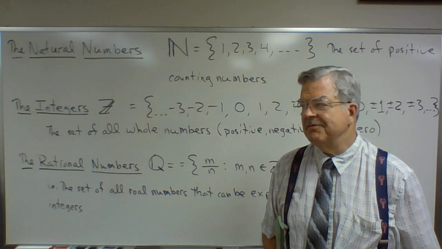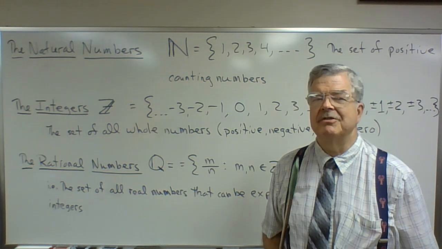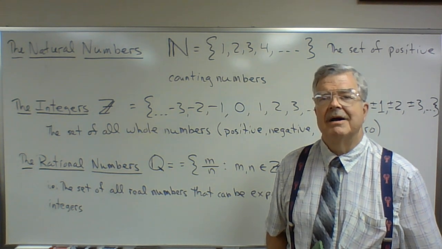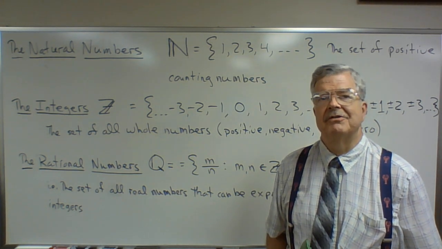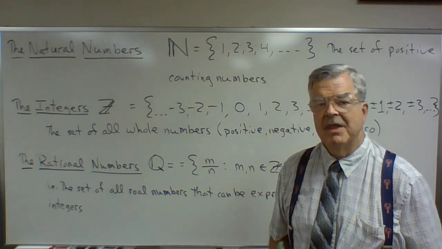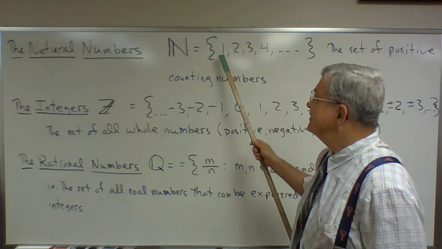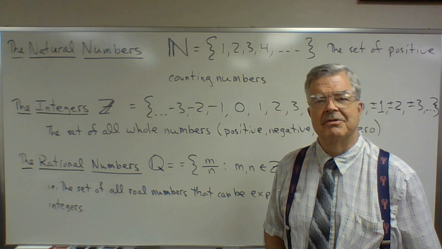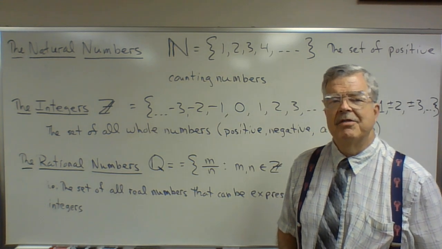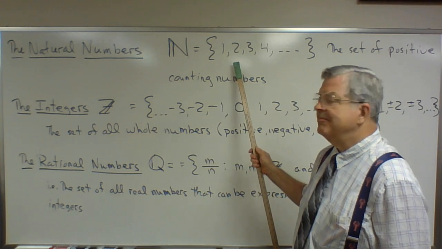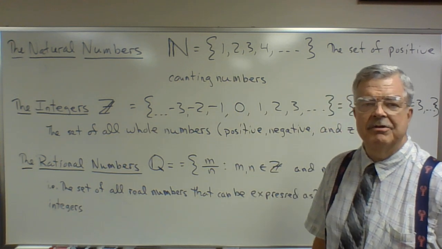Some people will define the natural numbers in a slightly different way. The difference is that some people who define the set of natural numbers will have 0 as the first natural number. For the most part, we will say that the natural numbers are the set of positive counting numbers.